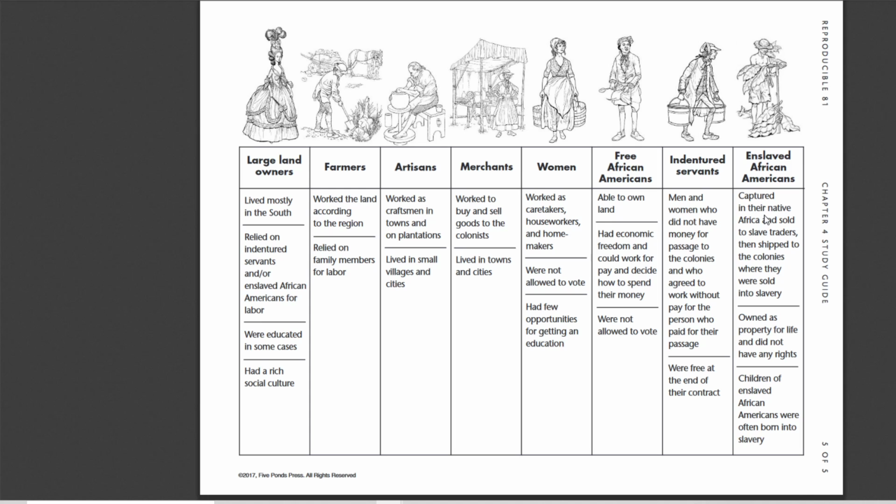Enslaved African Americans did not choose to go and be slaves, whereas indentured servants did. And then at the end, the indentured servants were allowed to be freed, and the slaves were not. And it got so bad, even the children of enslaved African Americans were often born into slavery once the laws were changed. They were owned as property for life and did not have any rights.